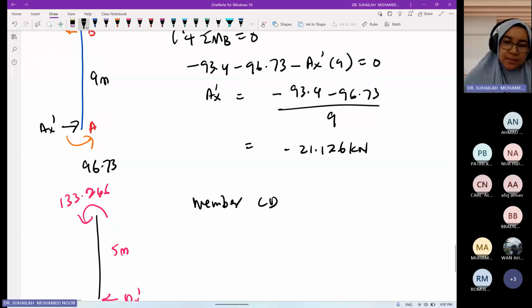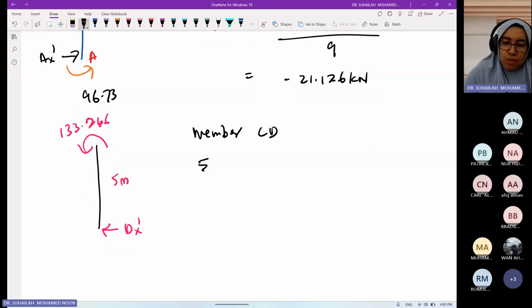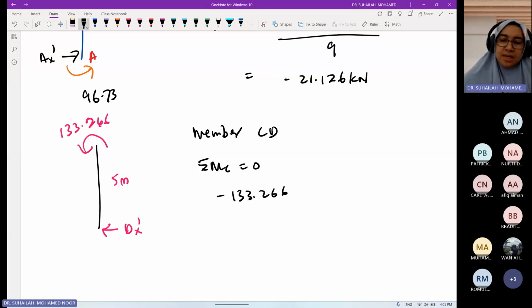Member CD, we take moment at C is equal to 0. Okay, this is negative 133.266 plus dengan 5 DX prime. Okay, so DX prime is equal to, dapat positif 133.266 bahagi dengan 5. So dapat 26.65.